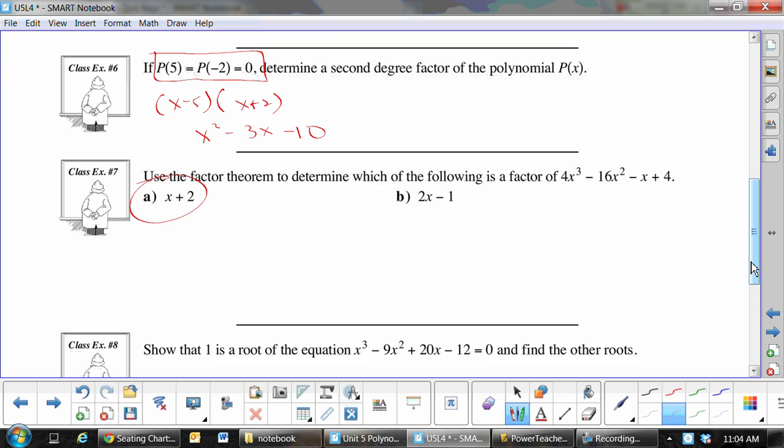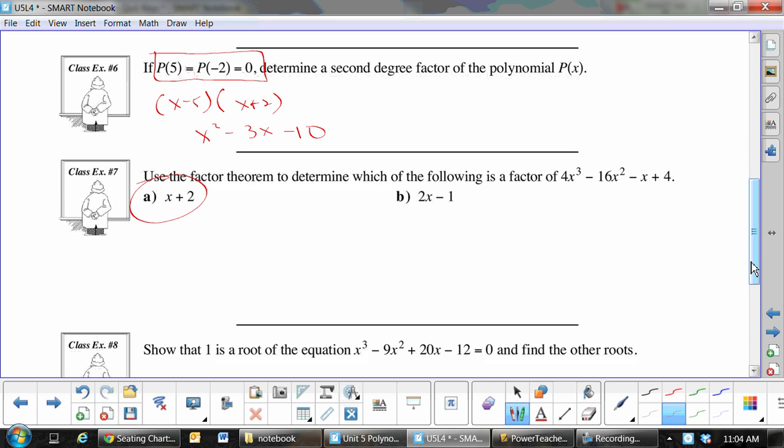Yes, you can do long division or synthetic division, but if you just put in negative 2, you will know as well. That's going to come in handy because you are not going to have time to do synthetic division 10 times before you get it.